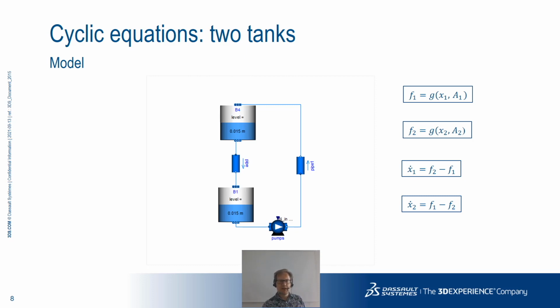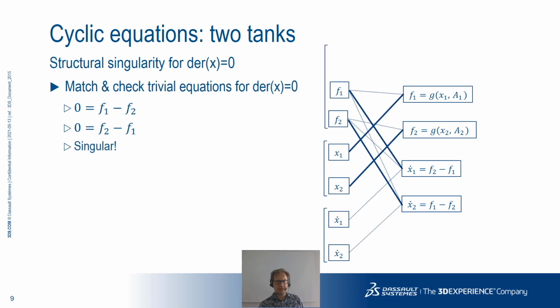like in this example. And then we see that we get a structural singularity for the derivatives. That is, there are two equations that are the same except for a different sign, and that will lead to a singularity. And we handle that not by removing the equation, which might be seen as an obvious solution, but instead we add an extra variable with incidence to those two equations and an extra dummy equation with incidence to the two derivatives.